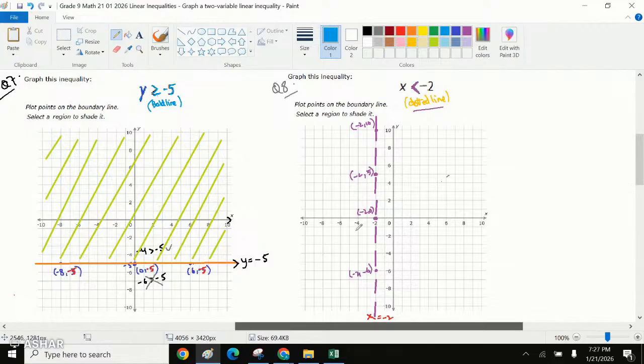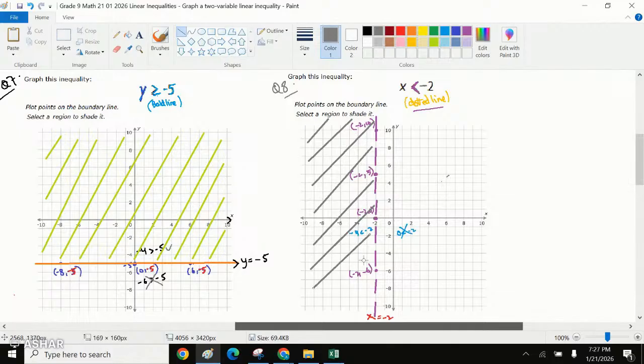Is minus 4 less than minus 2 or 0 less than minus 2? 0 is greater than minus 2, right? So simply what we do is we shade the region which justifies the inequality. Any value on the left hand side of the line would be smaller than negative 2, right? So we simply shade and we show this. This is the given answer.